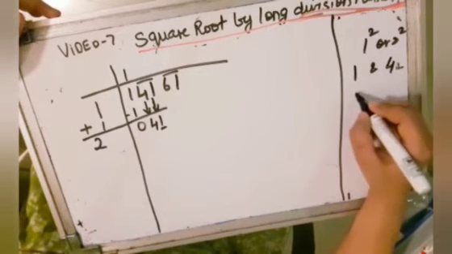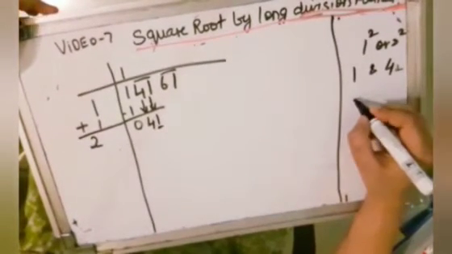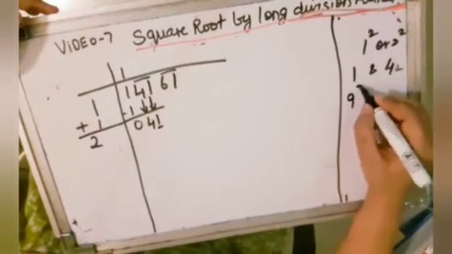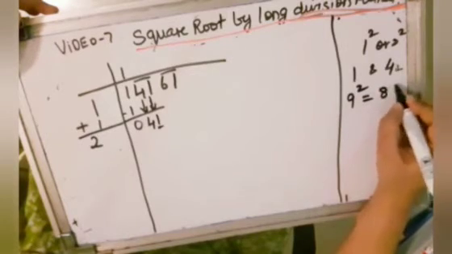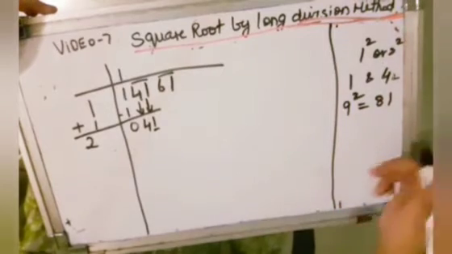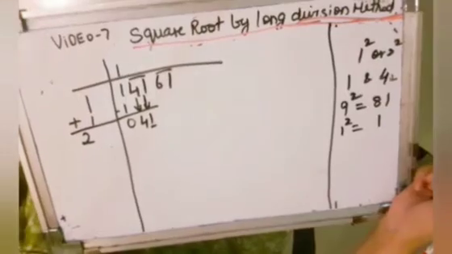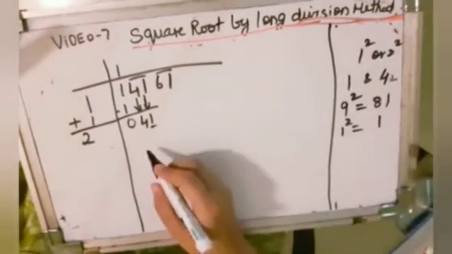That is 9 square. Right or no? 9 square gives you 81. And which other number can you remember which gives you 1? That is 1 square. 1 square will give you 1.